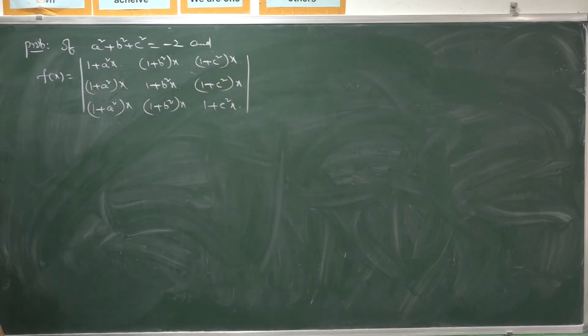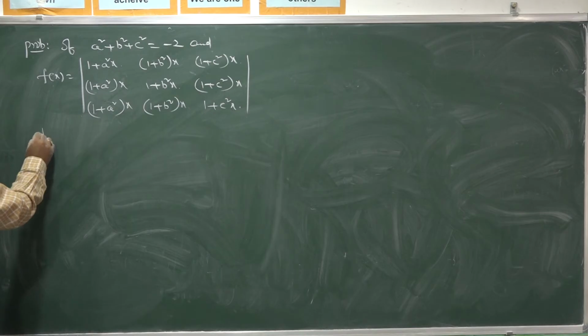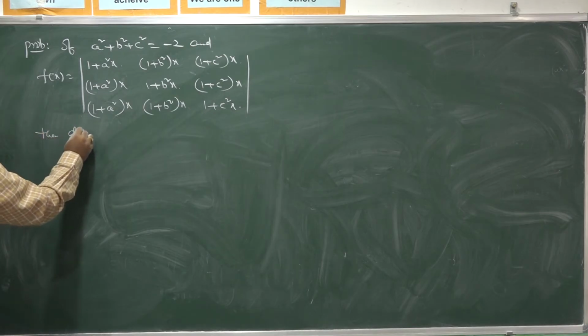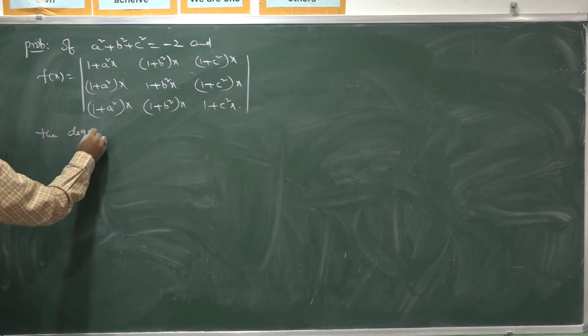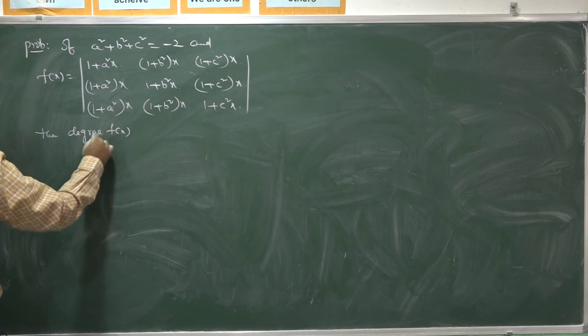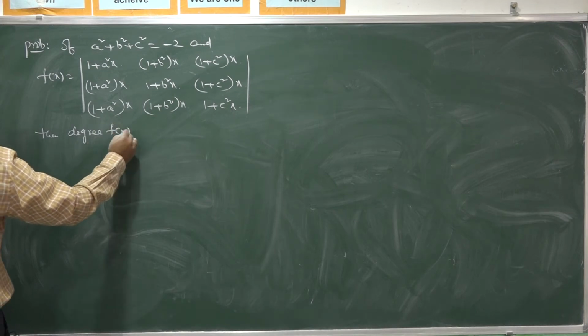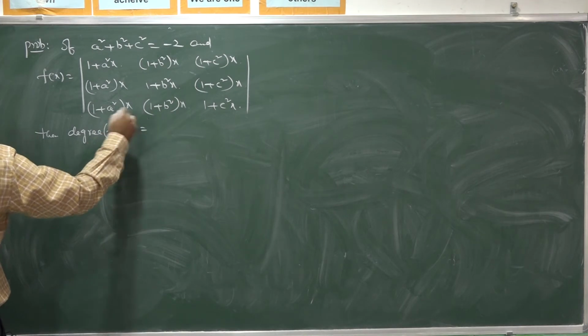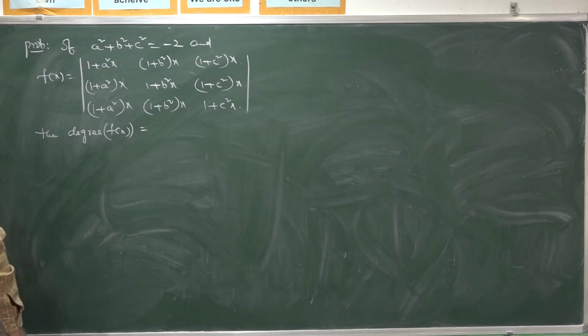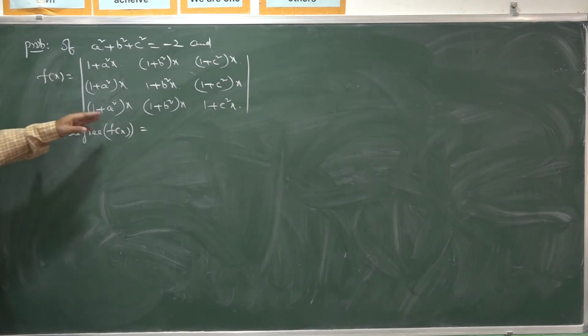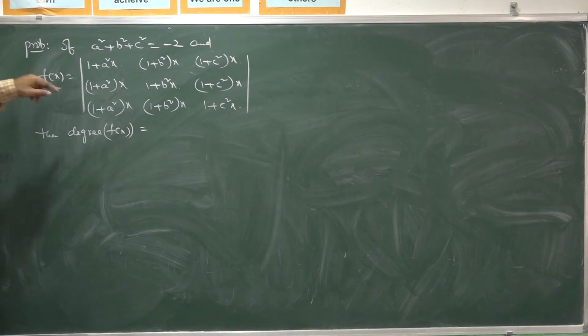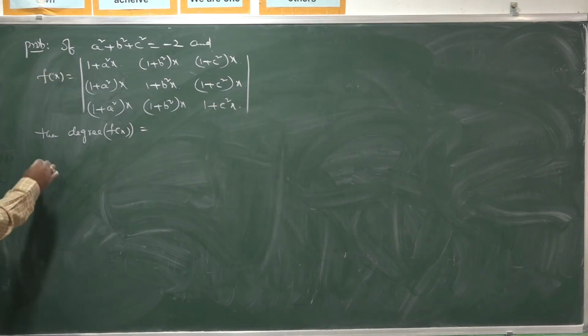Fx is given as a determinant, then the degree of the polynomial fx is equal to what? Once a square plus b square plus c square is minus 2, find the degree of the polynomial given by the determinant.